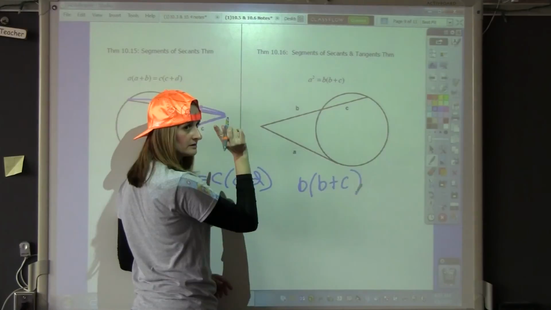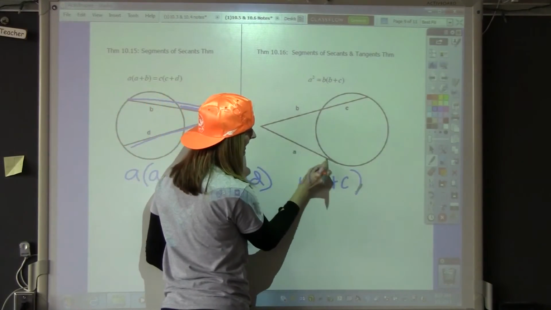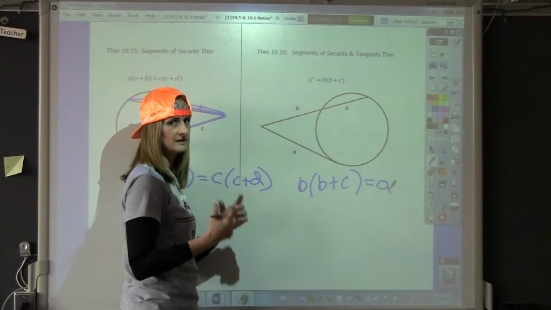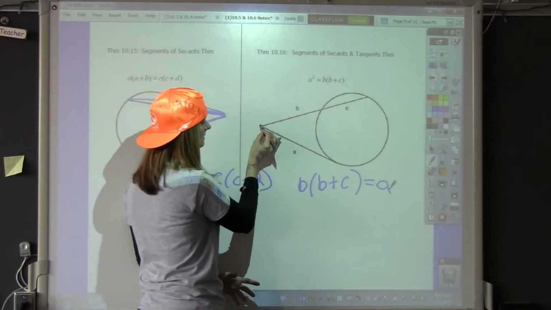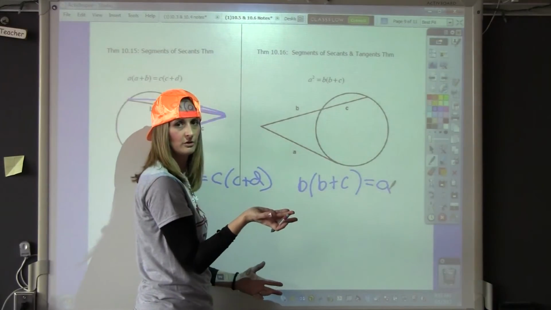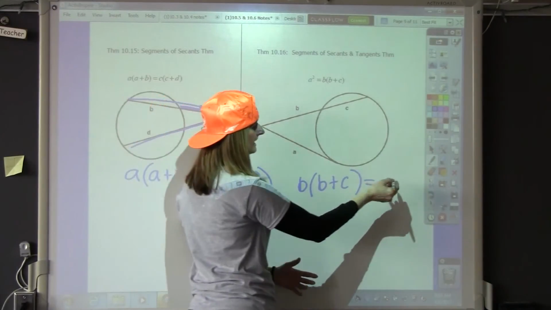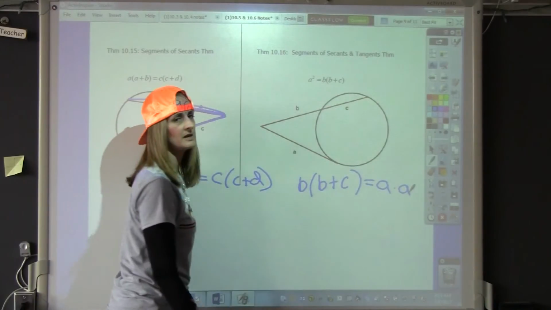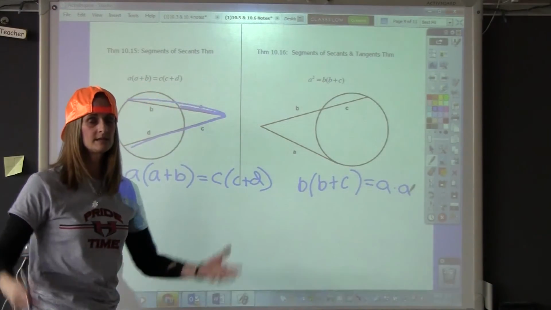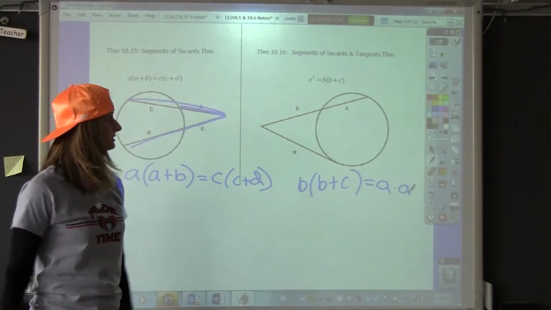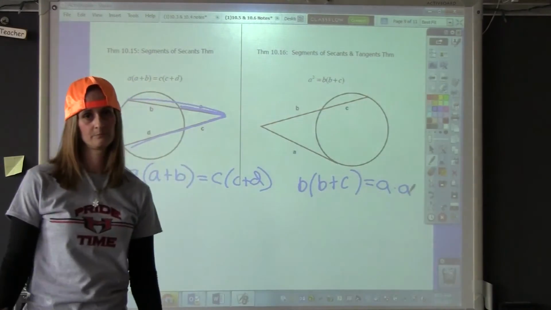The external segment length is A. And what's the length of the entire segment? It's the same as the length of the external. So we're just going to write A times A. So the external part times the entire thing ends up being A times A, because the external part is the same length as the entire segment. So that's where the a squared comes from.